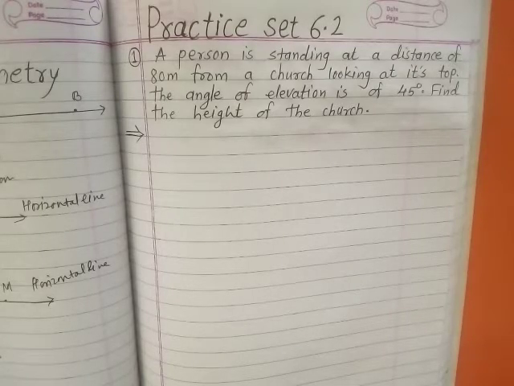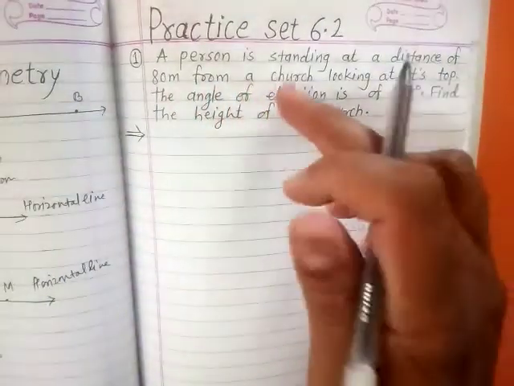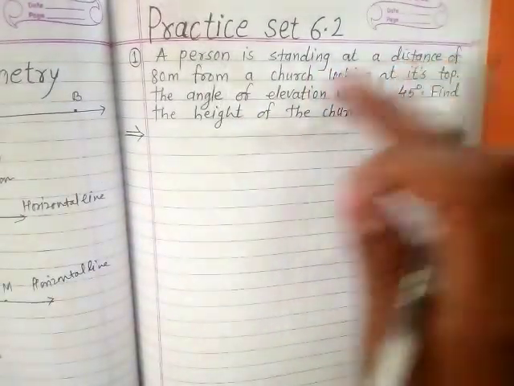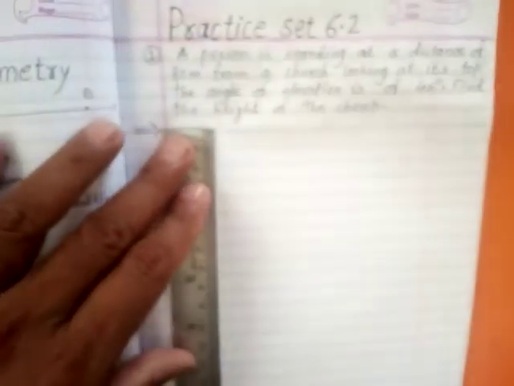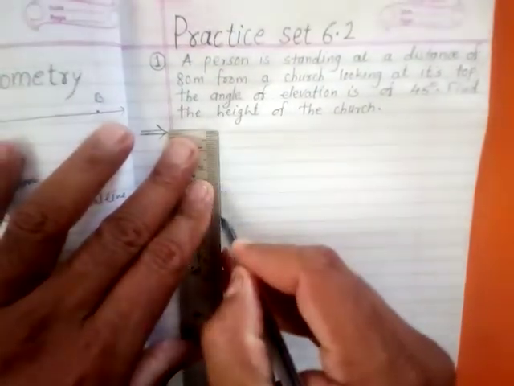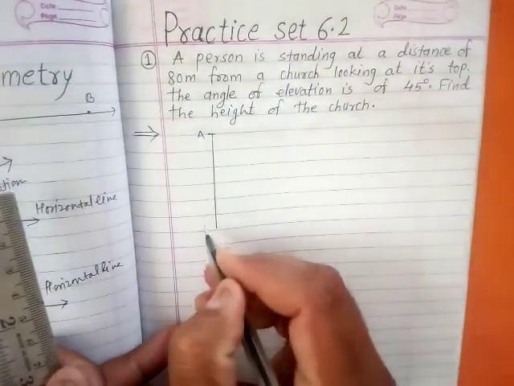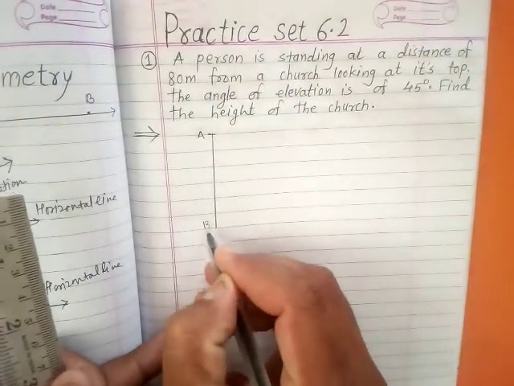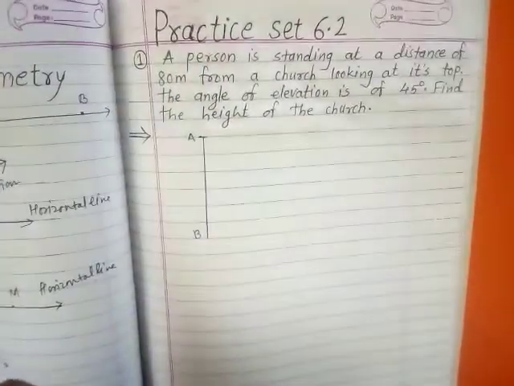Let's first draw a rough figure. A person is standing at a distance of 80 meters from a church. Suppose there is a church, and AB is the height of the church. From the church, there is an 80-meter distance.